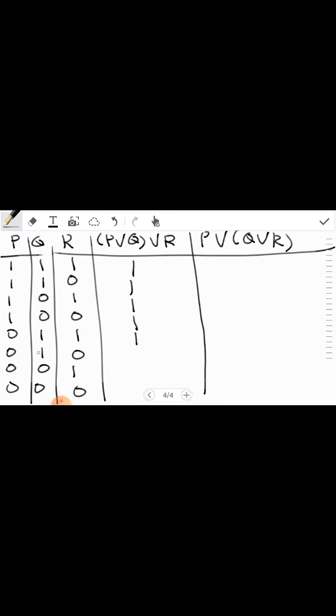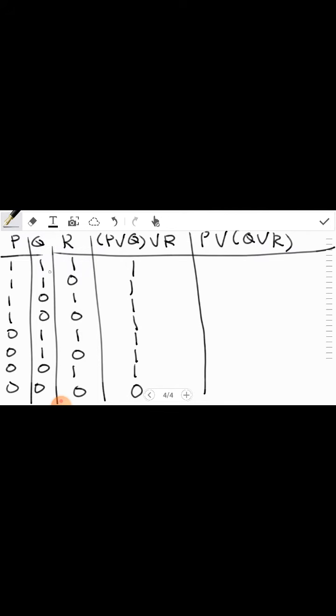Sorry, this is false or true, this must be true. True or false, this must be true still. False or false, false. False or true, true. False or false, false. False or false is also false. Okay? Next.